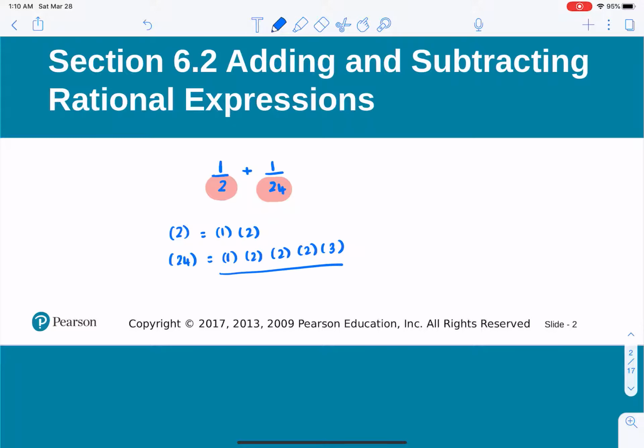Now we have to isolate the common factors. 1 and 1, we have 1. 2 and 2, we have 2. And the others don't have anything in common, so we simply write them down. So that would give us 12 as the least common denominator.